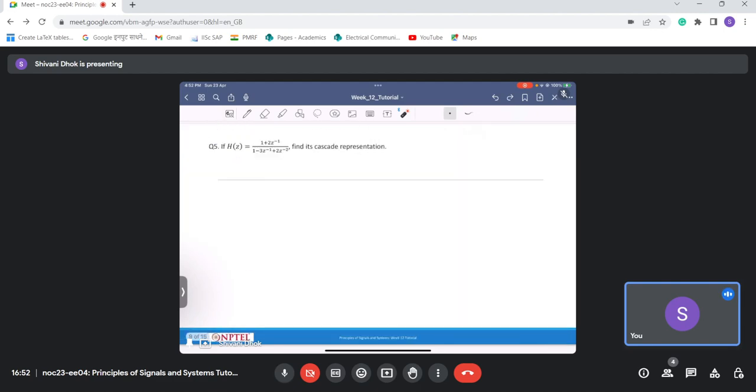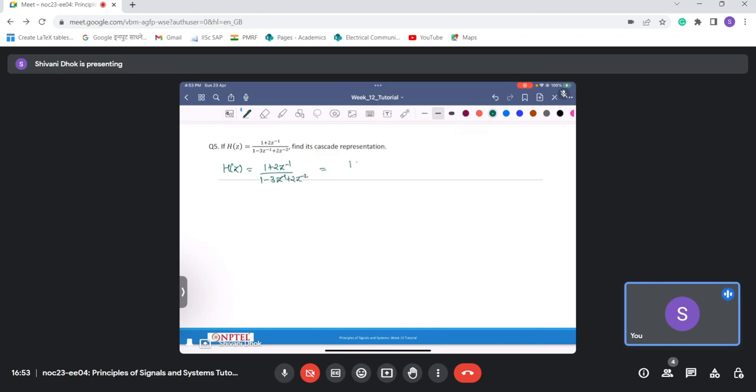The next way to represent any system is this cascade representation. So what I have here is H(z) equal to 1 plus 2z inverse upon 1 minus 3z inverse plus 2z to the power minus 2.